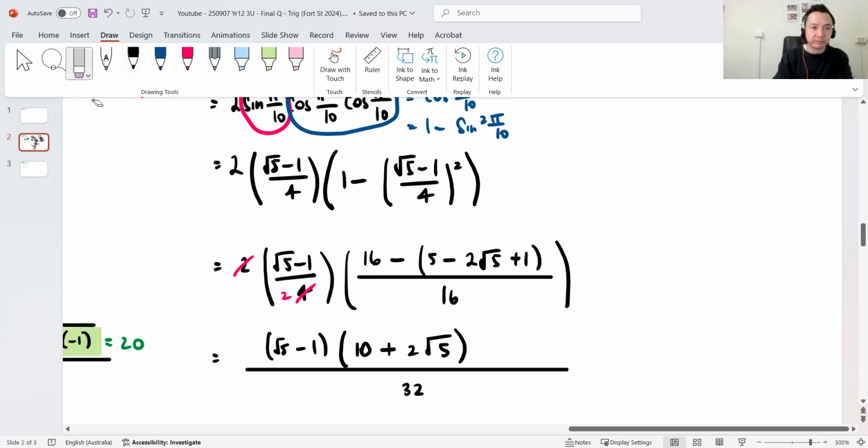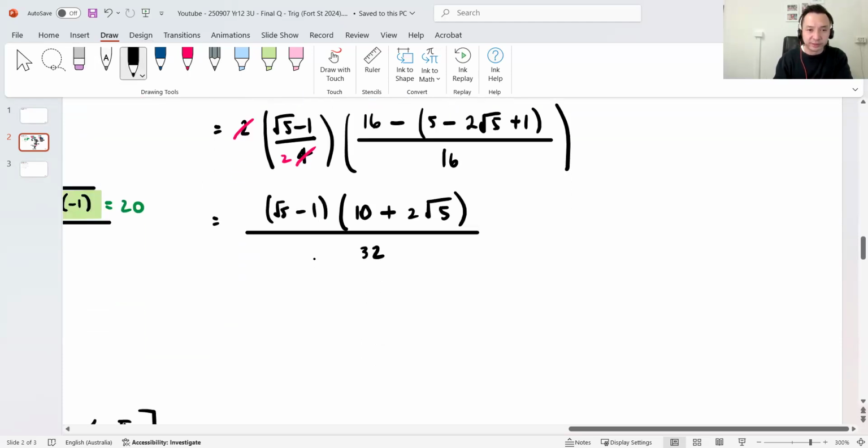Maybe it's a bit big. I think I've done something wrong. Have I? Oh no, I haven't. It doesn't look like it actually. So just clean this up by making it like that. Oh yep, it's nice. It is actually quite nice, because from this bracket, factorize the 2 out.